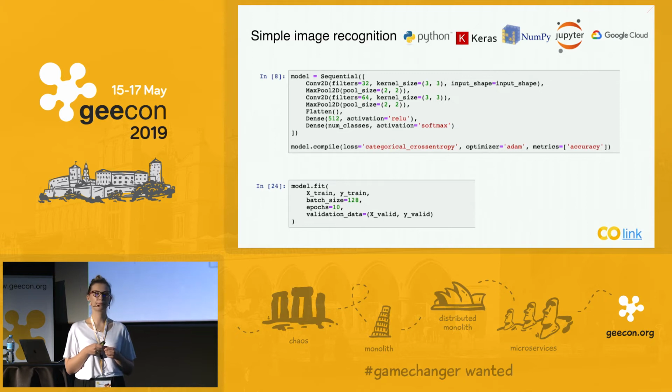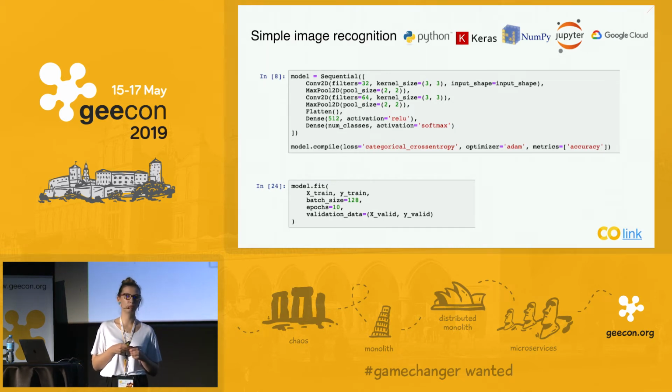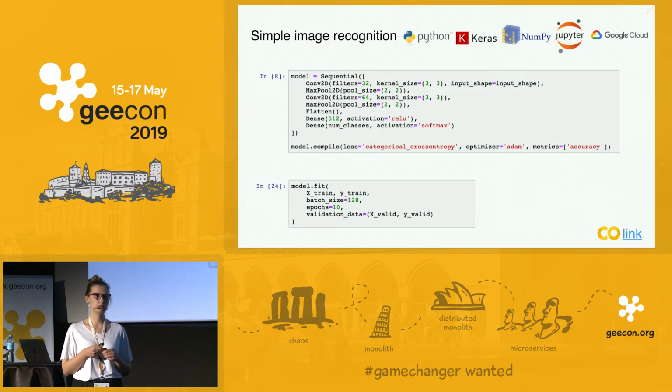So this is my simple model that I tested with Python and some libraries. This is on Jupyter Notebook, but here you have the link to Colab, and you can test it on your own. This is a very simple model with some layers, and as you can see, I train it against the training data and validate it against the validation data.